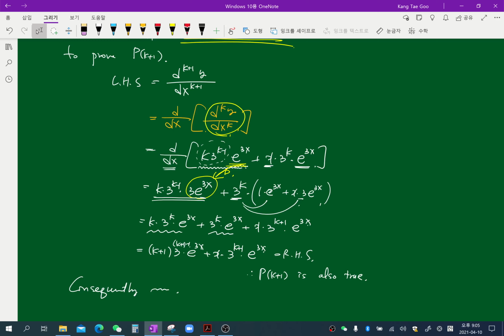But what you need to do is just precisely calculate the derivative. Don't forget we are doing the derivative with respect to x only, so k is constant at this moment. Of course, the most important step is this one: the (k+1)th derivative of a function is one more derivative of the kth derivative of the function.